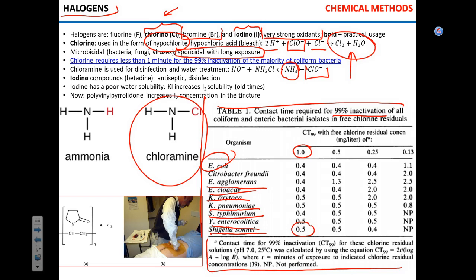Now, another halogen that we use in practice is iodine. Iodine itself, has anyone ever seen actual iodine, not the Betadine, in chemistry? Gen Chem lab. How does it look? Like iodine.